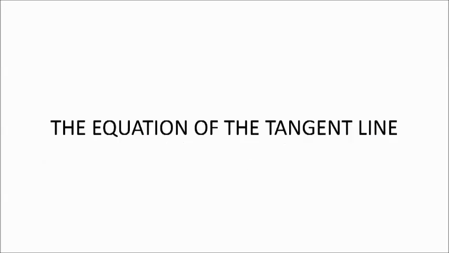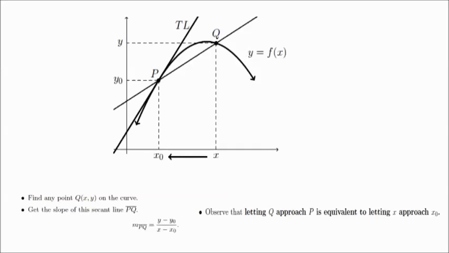Now, how do we get the equation of a tangent line? We have here the figure from before. Again, this is the tangent line. We have the second line PQ, class. How do we get its slope? We get it in class by using limits.